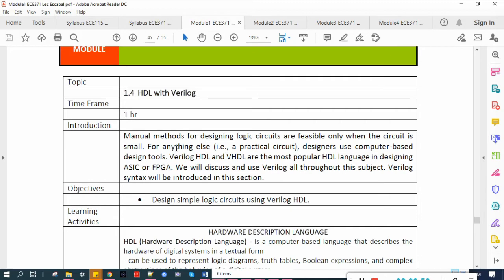We have already discussed that there are two common types of HDL used by companies and designers, which are Verilog and VHDL. But in this subject, we will use Verilog all throughout the discussion.